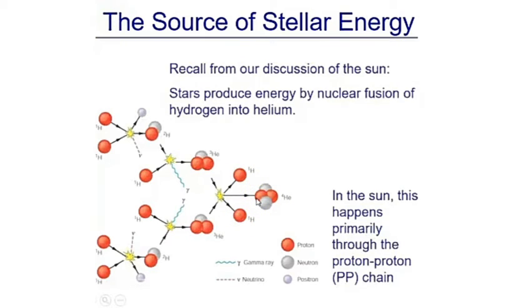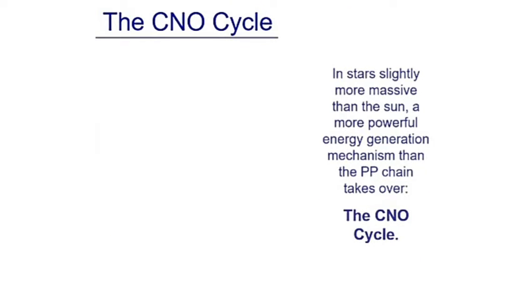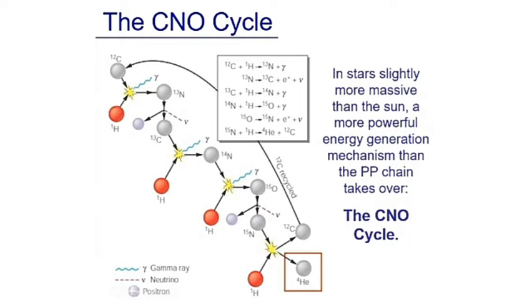All right, so many stars make their energy the same way the sun does, using the proton-proton chain. However, the CNO cycle, the carbon-nitrogen-oxygen cycle, is much more efficient. However, it requires a higher temperature than the proton-proton cycle. Both processes end the same way: you take hydrogen, add it to another hydrogen, and add another one in to make helium.